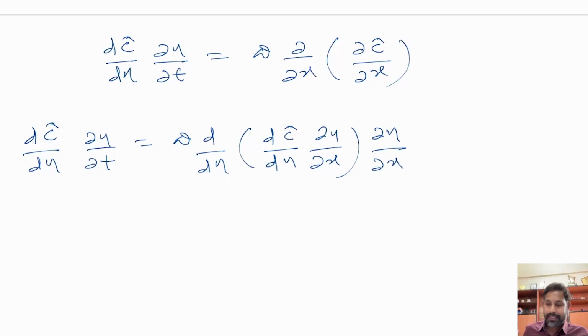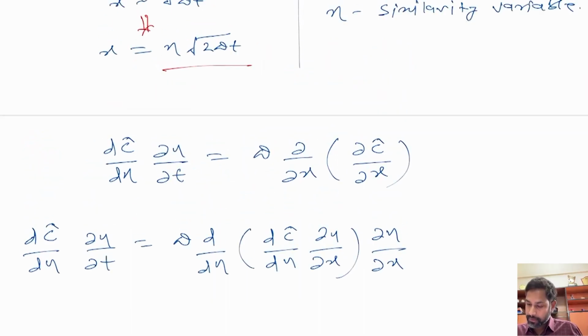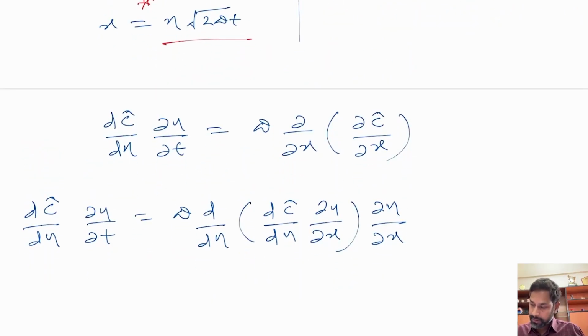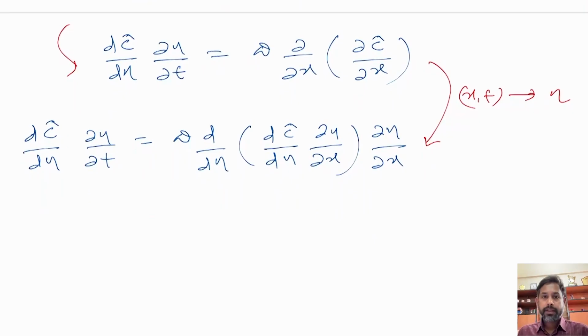Wait, I am making a mistake here. Okay, so we have just done the change of variable from the previous equation to here and then to here. So x and t have been changed into eta, a single variable, which is dimensionally and also numerically consistent now.